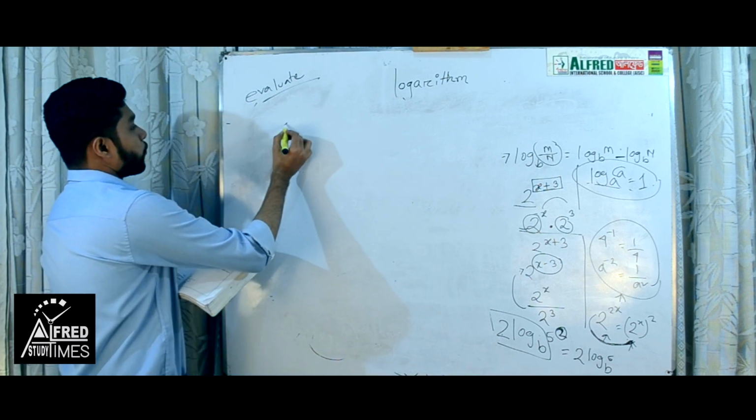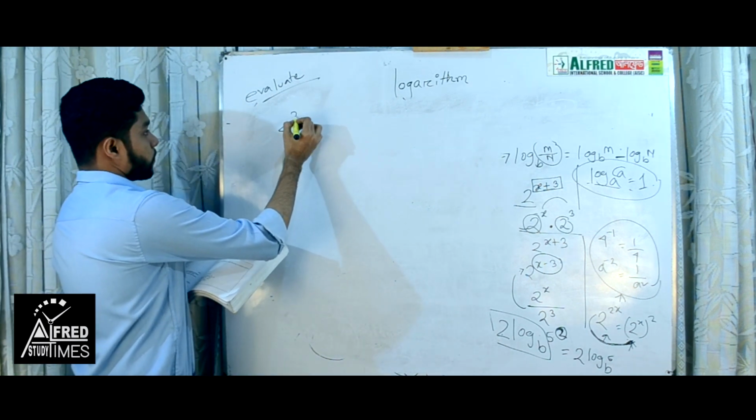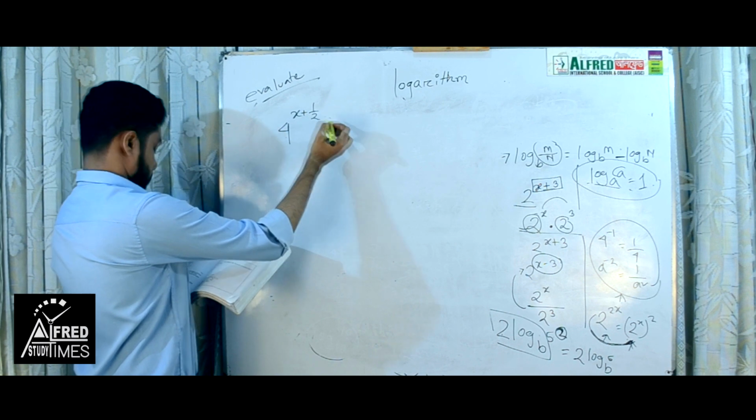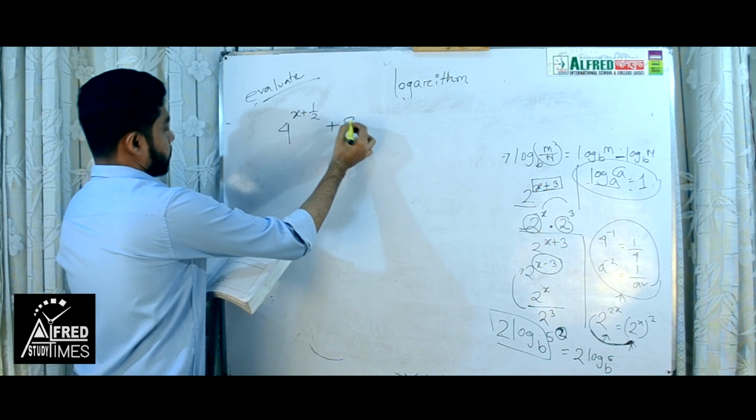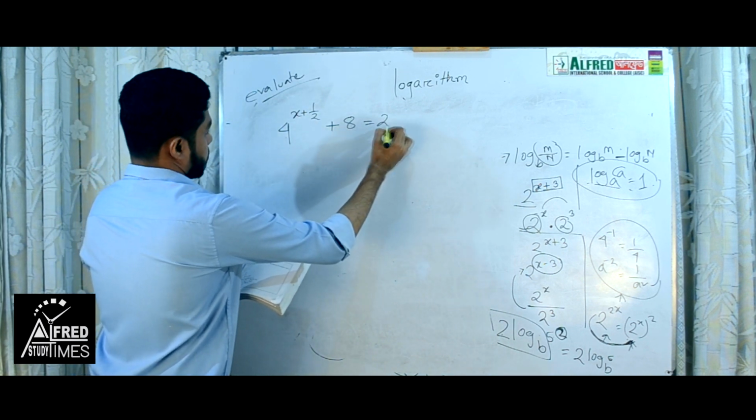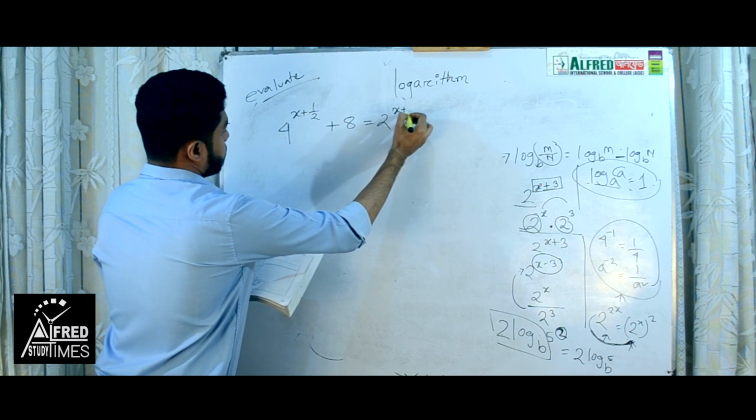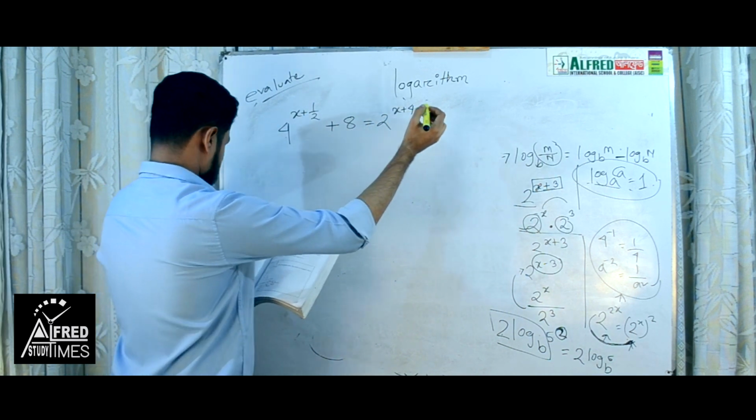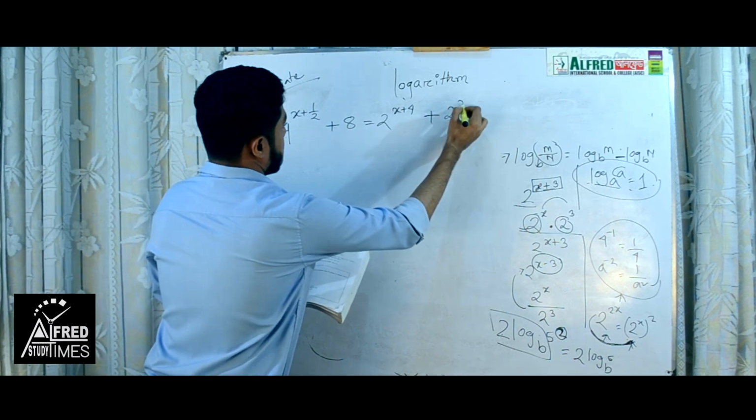So here is 4 to the power x plus half, plus 8 to the power x plus 4, equals 2 to the power x.